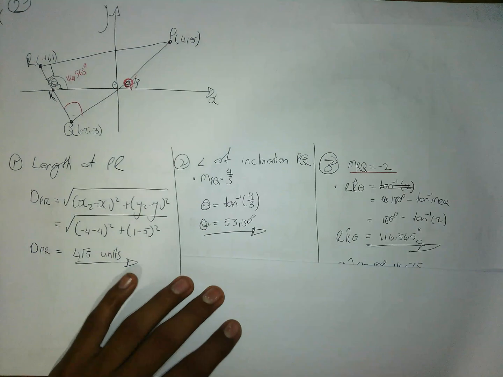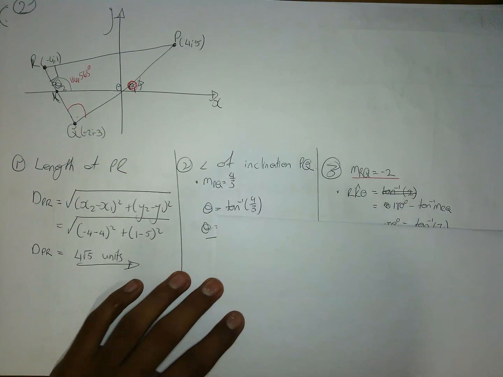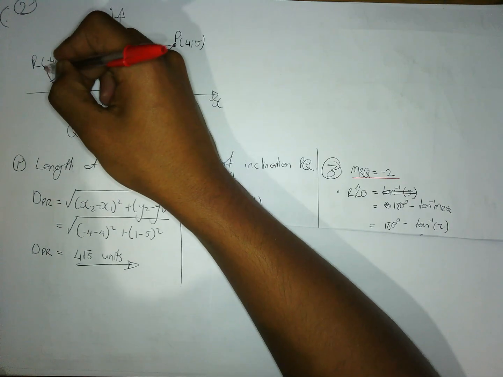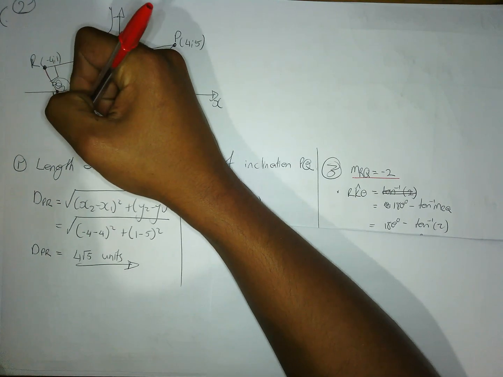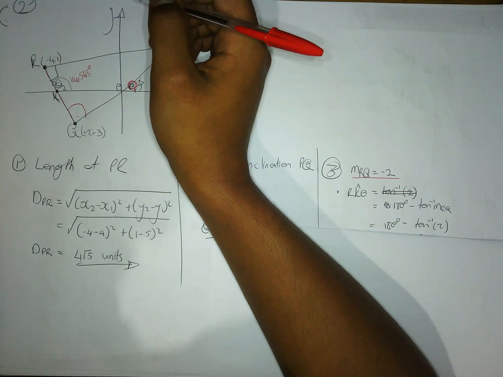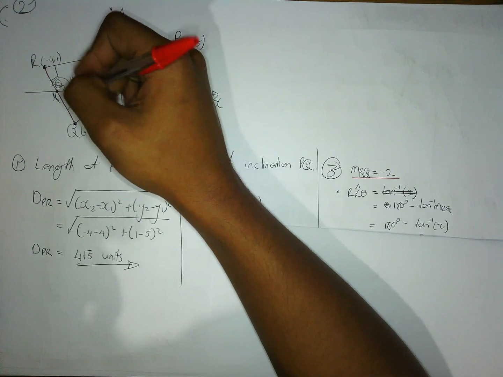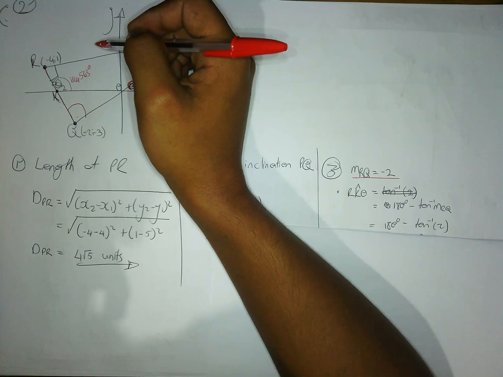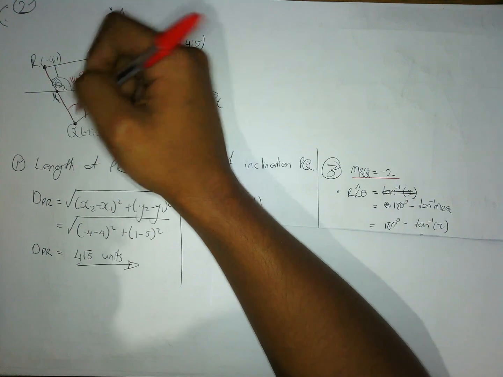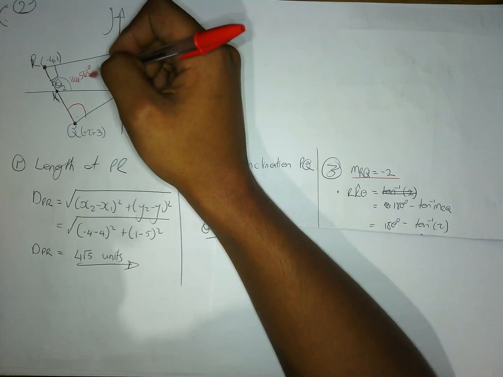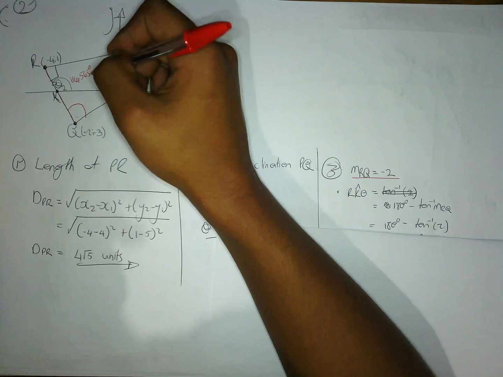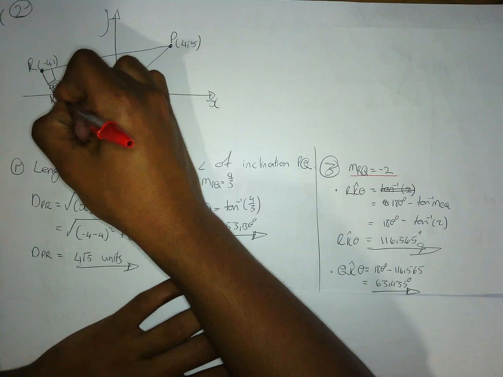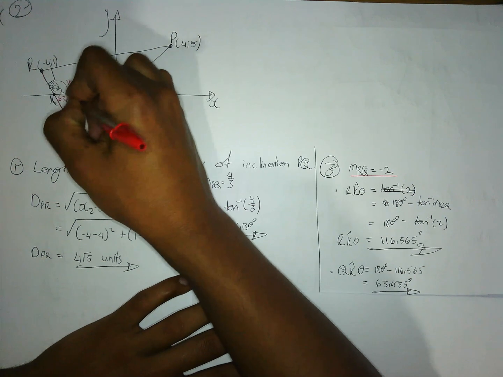Okay, then what did I do? Because this here is a straight line, 180 degrees minus this answer here will give me 63.435 degrees.